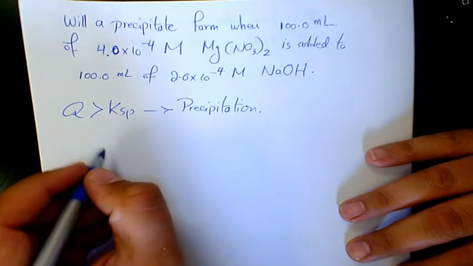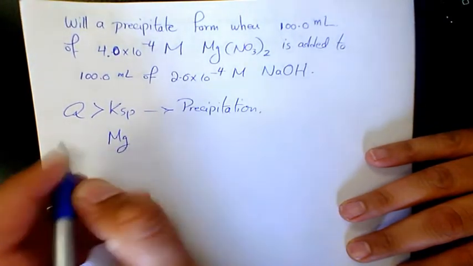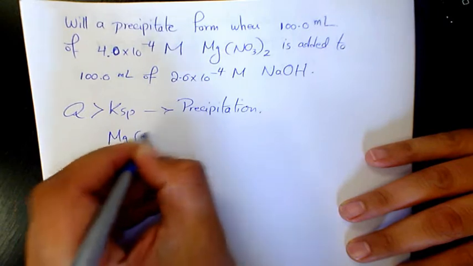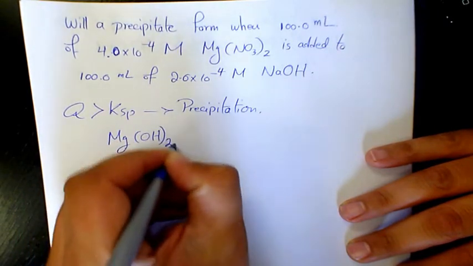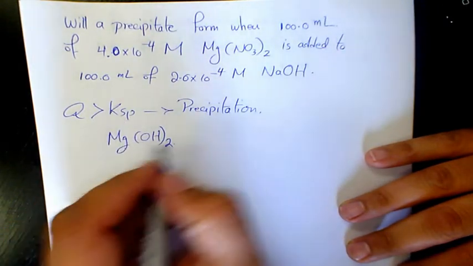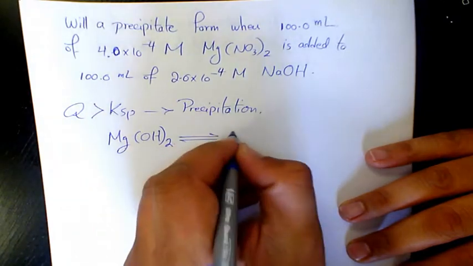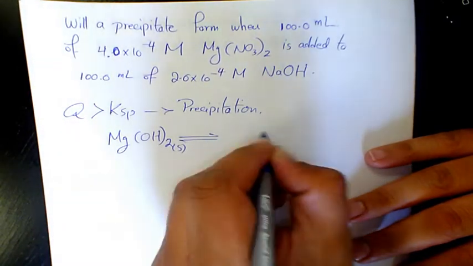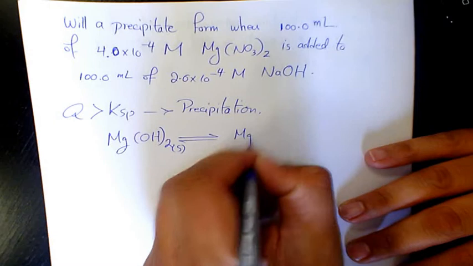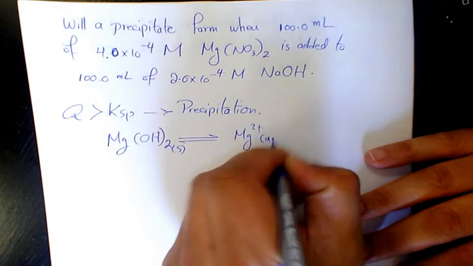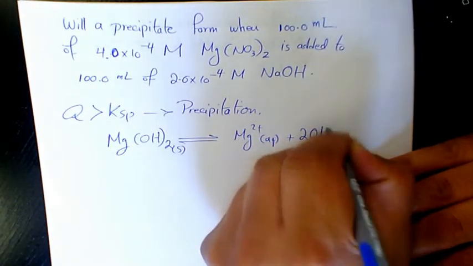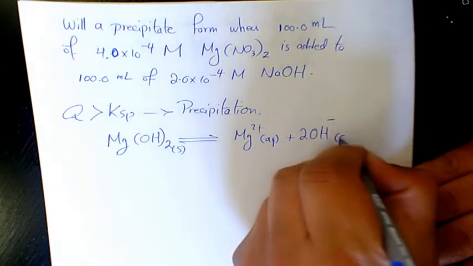So what we need to do is write the Mg(OH)2 in solid form. When it dissolves, it's going to produce Mg2+ in aqueous phase plus 2 hydroxide in aqueous phase.